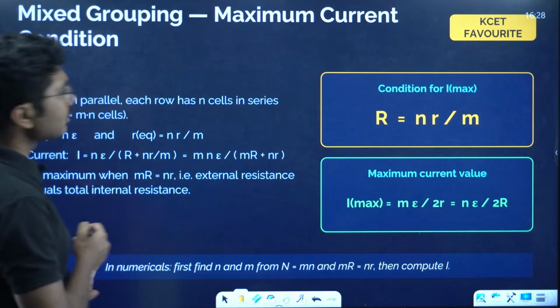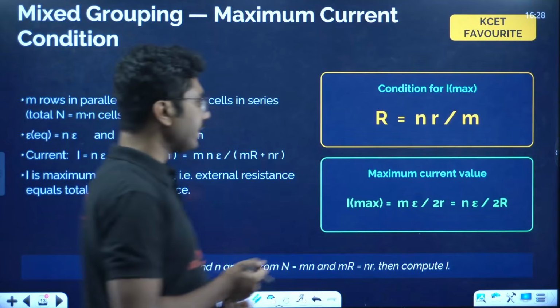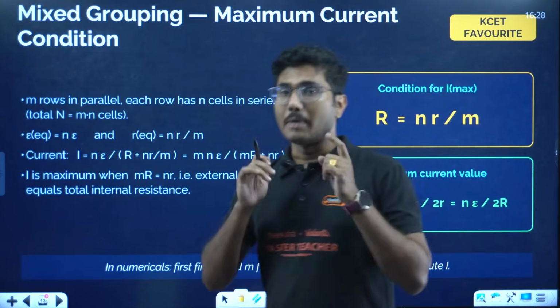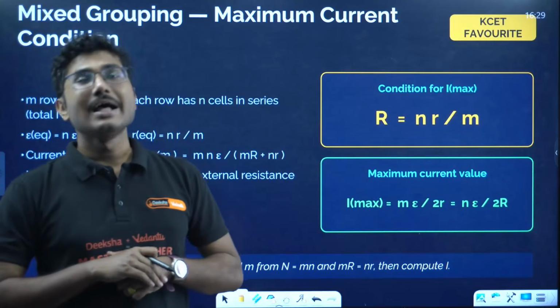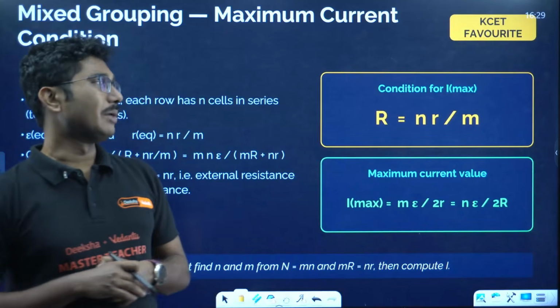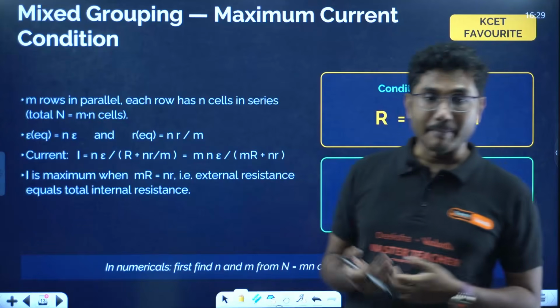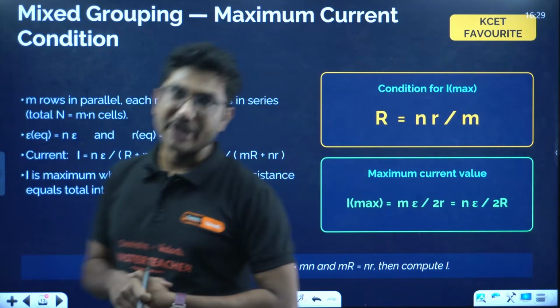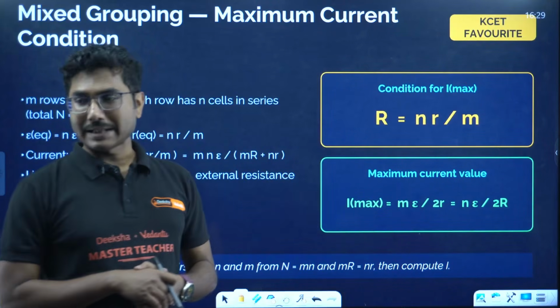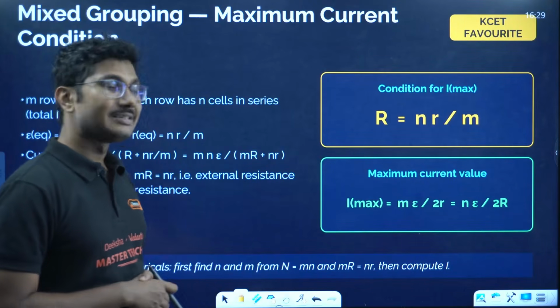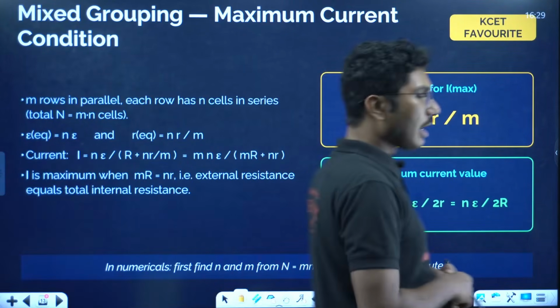Mixed grouping you need to solve based on how many of them are in series and how many are in parallel. But one very important point to remember is when the cell will spend the maximum amount of power. The maximum power spent by the cell is when the internal resistance is exactly equal to the external resistance.